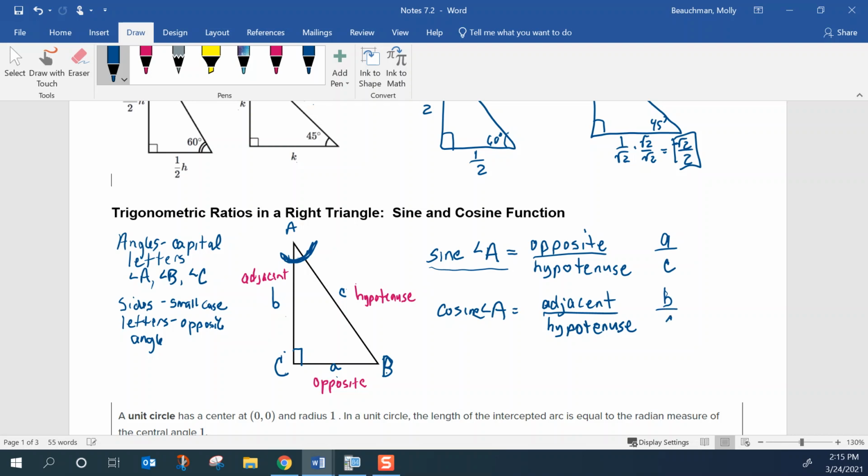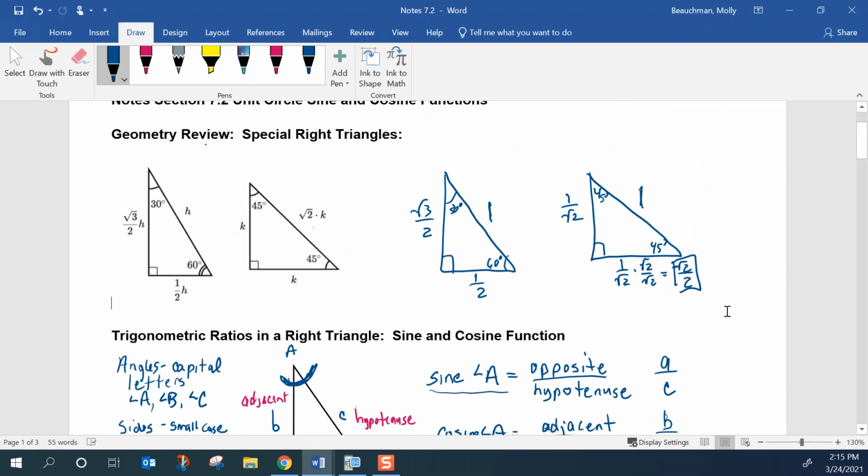So in this picture, that would be B over C. By the way, the relationship between these sides we get from the Pythagorean theorem. So just a reminder, the Pythagorean theorem, a squared plus b squared equals c squared. That's how we get these values in the special right triangles.